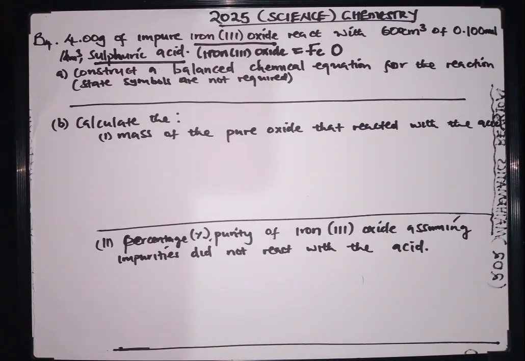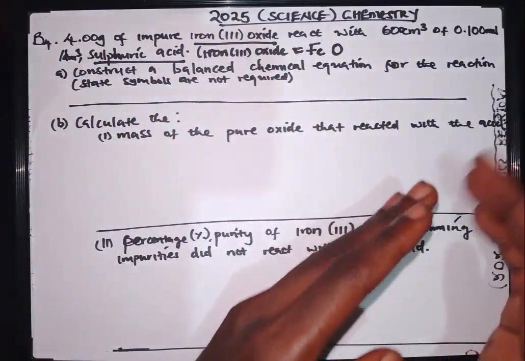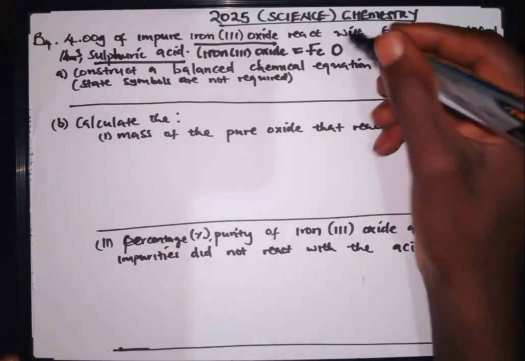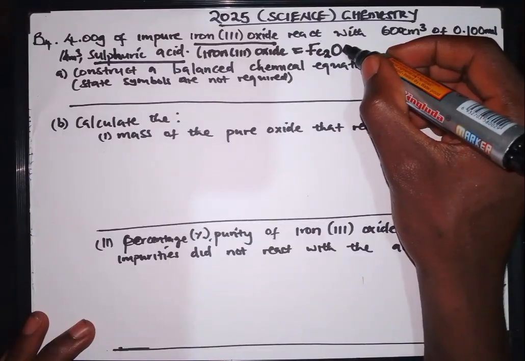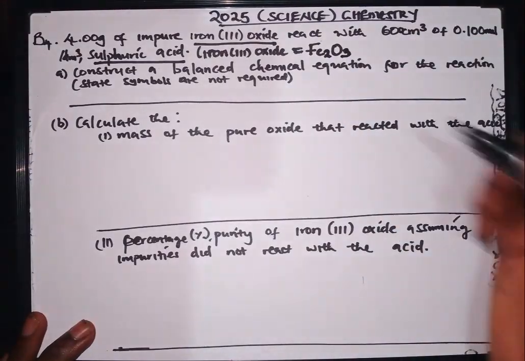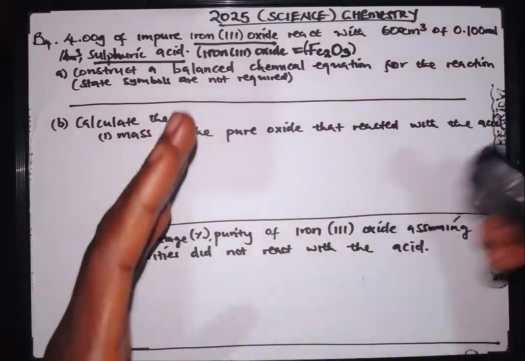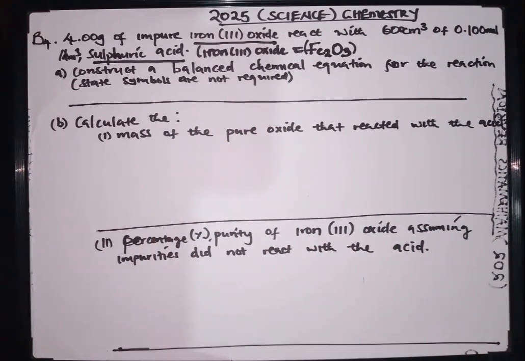Now that we have the valence for both iron and oxygen, the next step is you need to swap them. So swap the valences. The valence for oxygen will go to iron, and the valence for iron will go to oxygen. So this is our chemical formula for iron 3 oxide.